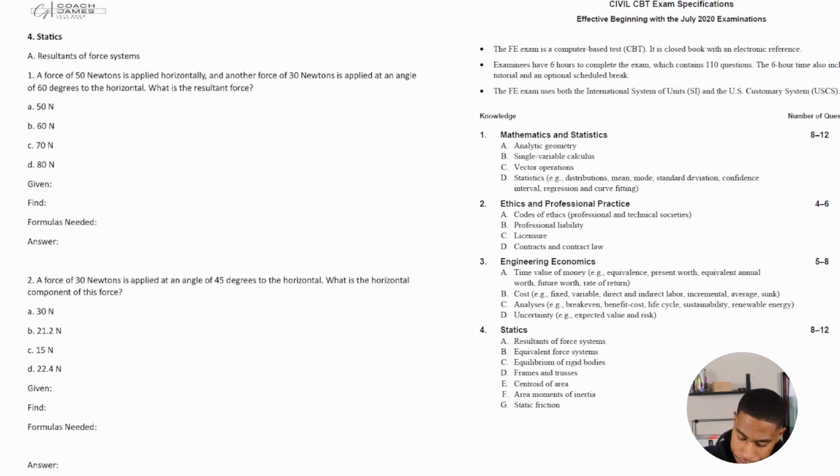Well, we're given two different forces. One is horizontal, and then another one is 30 newtons at an angle of 60 to the horizontal. So you may be wondering what that looks like, and I'll draw it out just so it makes sense.